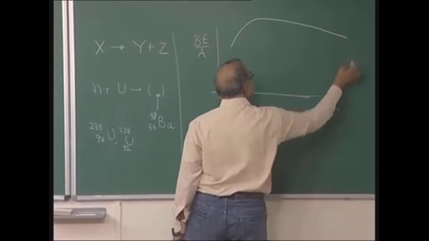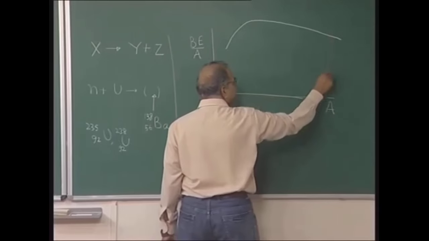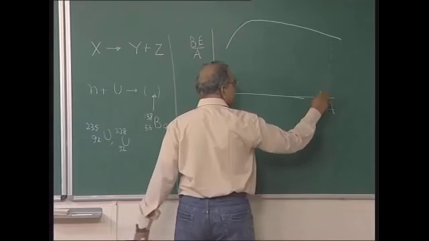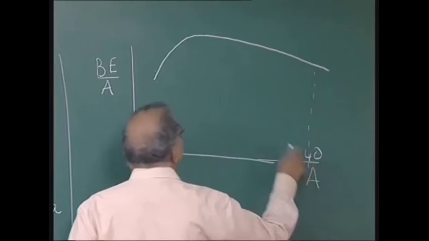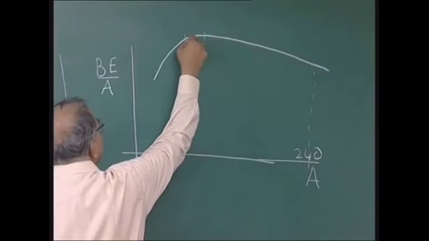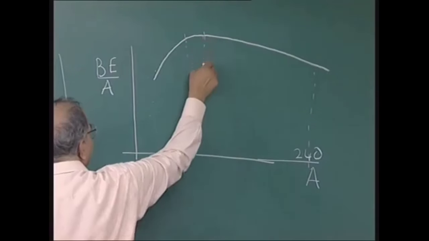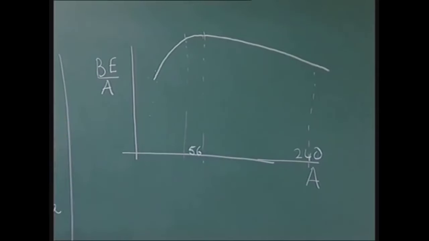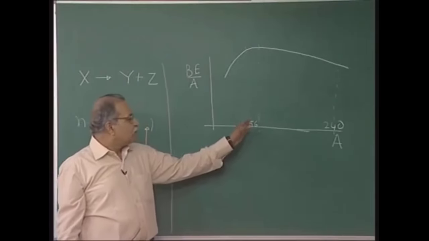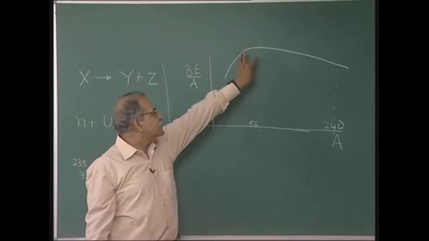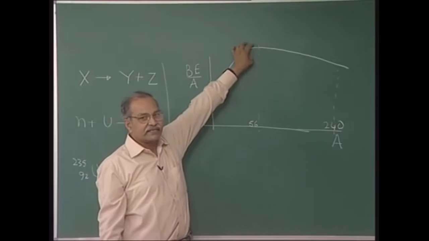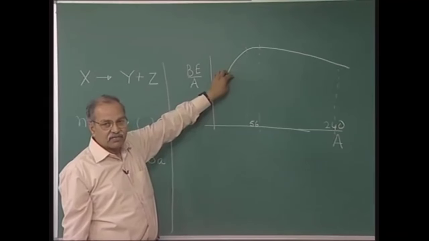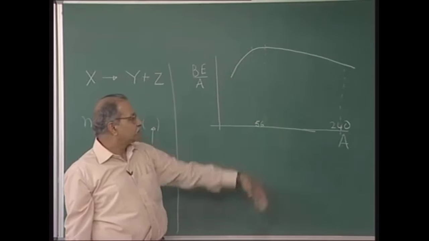This is how the binding energy per nucleon curve goes. This end will be somewhere around 200 to 240. The maximum, the most stable region, is somewhere around 50 to 60, iron-56. Iron, cobalt, zinc are the most stable, with the highest binding energy, and then for the lighter elements you again have smaller binding energy per nucleon.